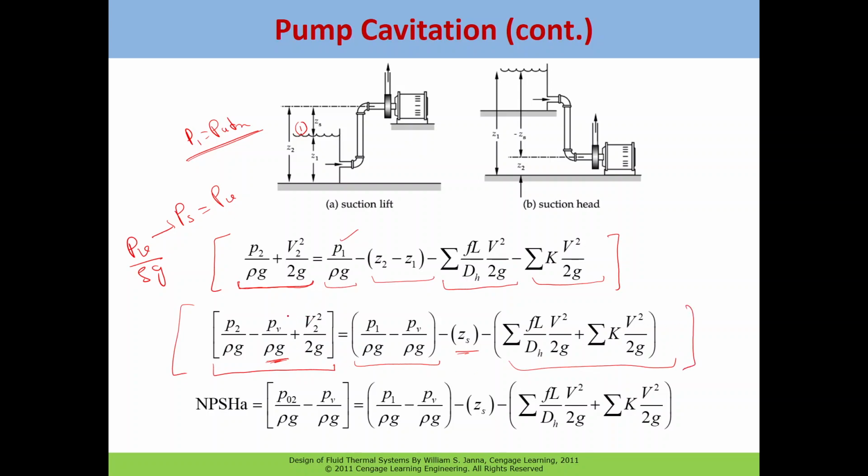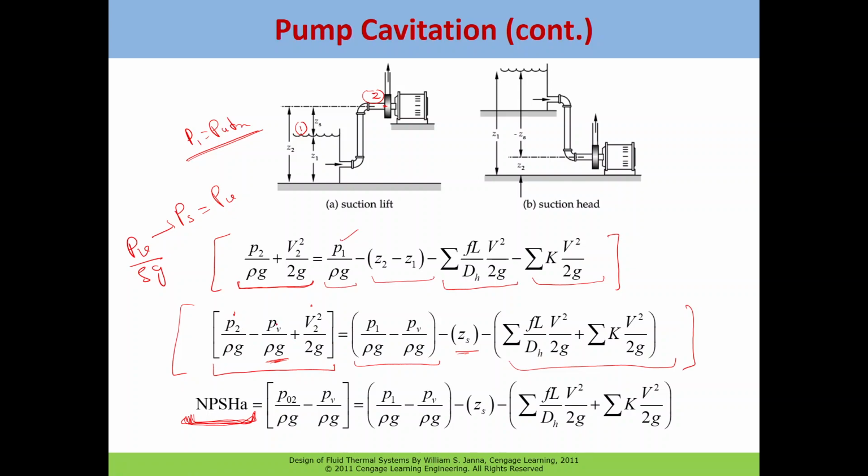Whatever is the quantity on the left hand side, we call it the net positive suction head available in the system. Point 2 means the inlet of the pump. So that is the pressure head at point 2, minus the saturation pressure head at point 2, plus the kinetic head at point 2.